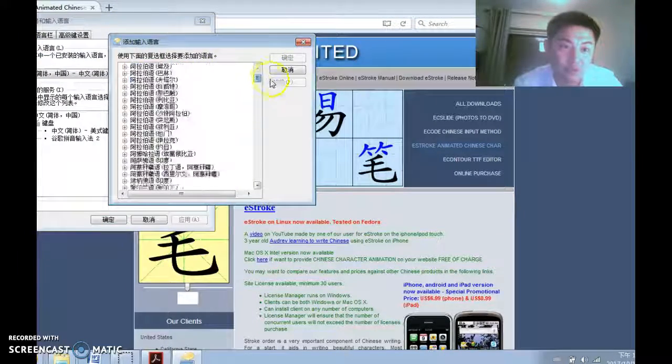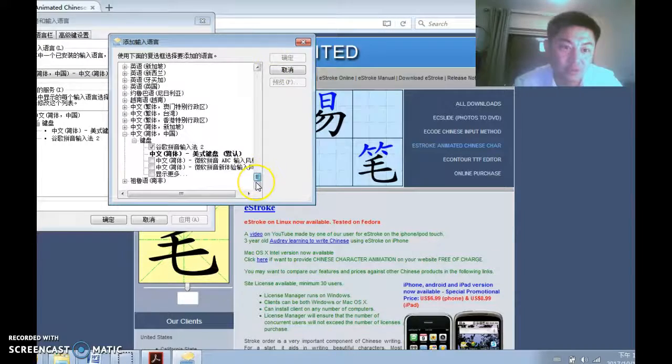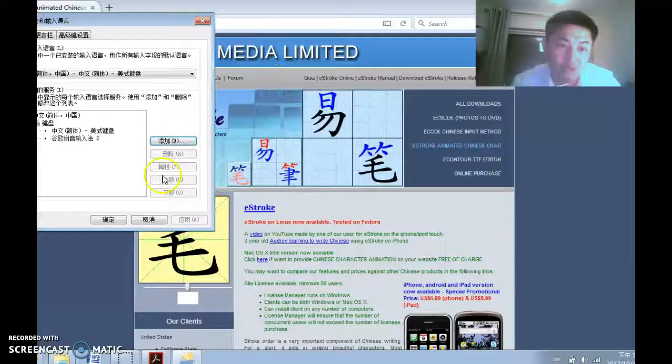Look for the word Chinese. All these are Chinese. Click on it, simplified. Click on it, and look for the keyboard. Click on the keyboard, you will see some Chinese keyboards. Usually choose the first one, and then say OK or apply.